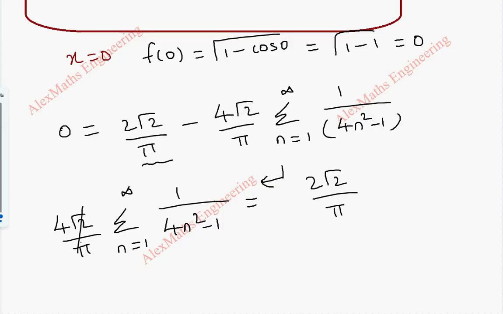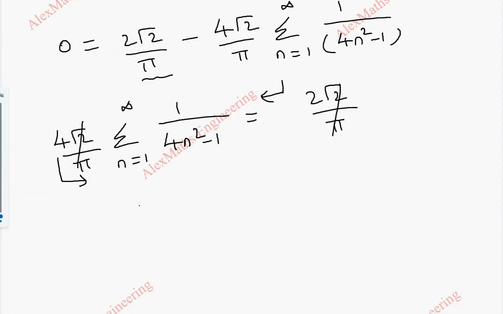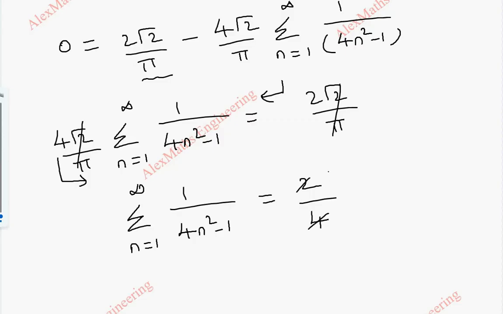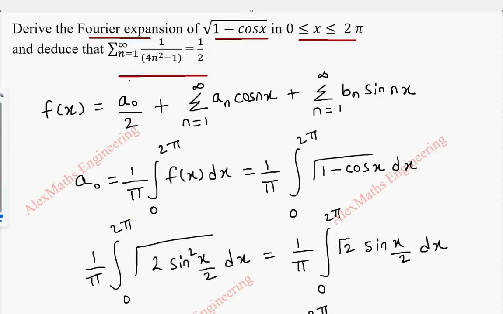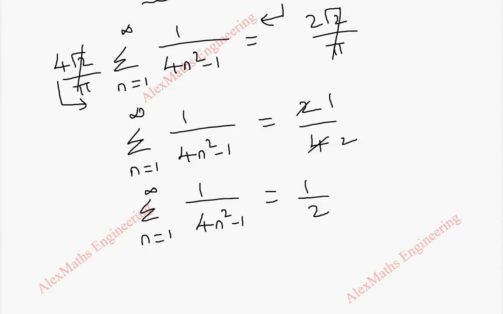So on both sides root 2 by pi we can cancel, and this 4 will be taken to the other side denominator. So summation n equal to 1 to infinity 1 by 4n square minus 1 becomes 2 by 4. So we can cancel by 2, so we get 1 by 2. Therefore, sigma n equal to 1 to infinity 1 by 4n square minus 1 equals 1 by 2. So in the question they have given sigma n equal to 1 to infinity 1 by 4n square minus 1 is 1 by 2. Thus we got it here.